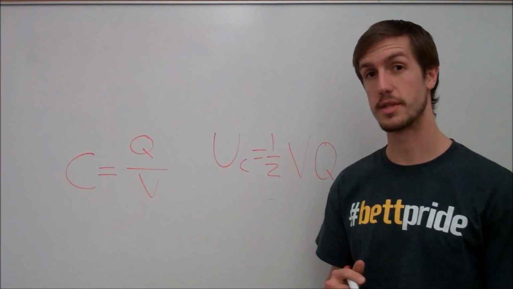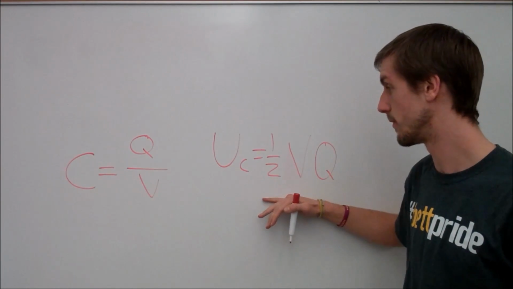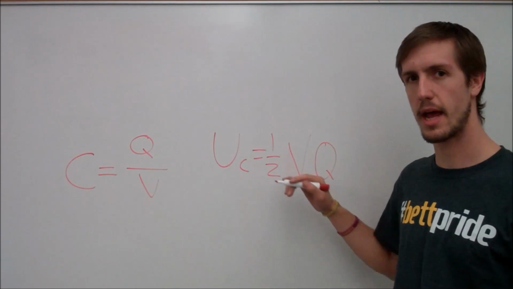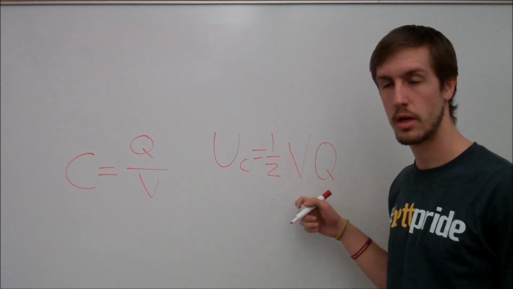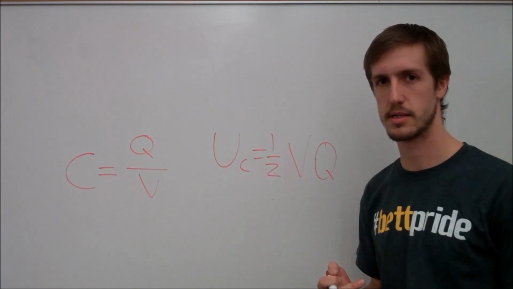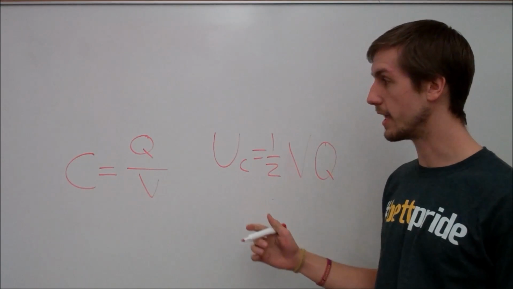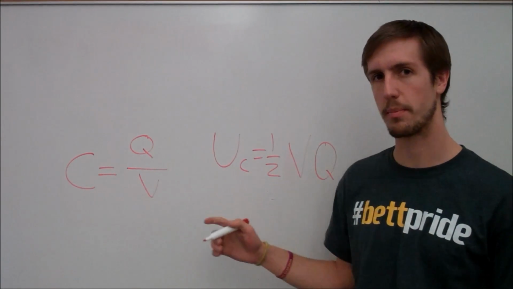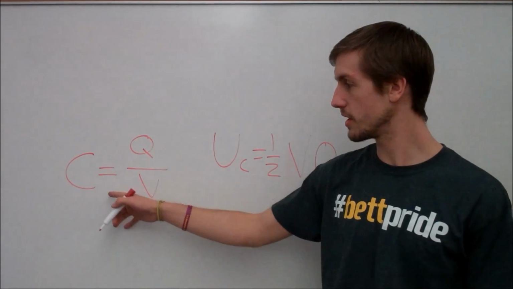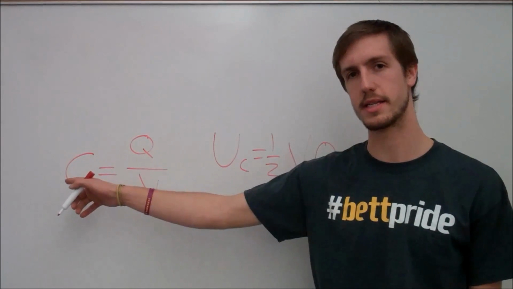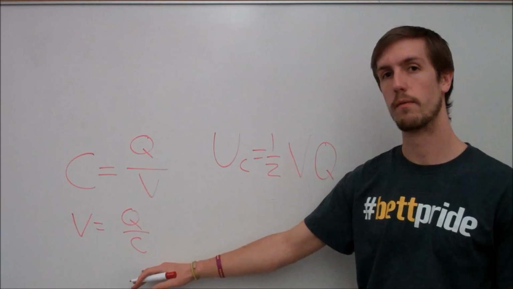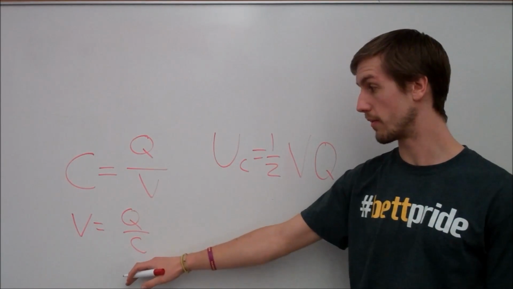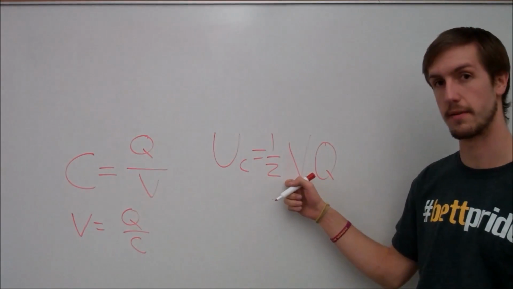Now there are some equivalences that I can put into this formula. Suppose I didn't have one of these variables, suppose I didn't have voltage, or suppose I didn't have charge. But I did have something like capacitance. Well, I could rearrange and put capacitance in here. So let's say I rearranged and got voltage by itself, and then I insert voltage equal to Q over C into my formula where I see voltage.